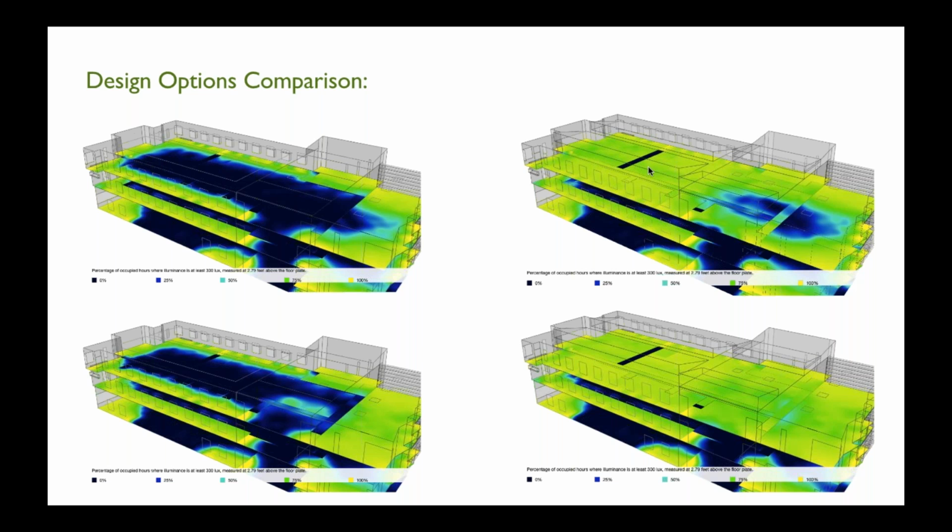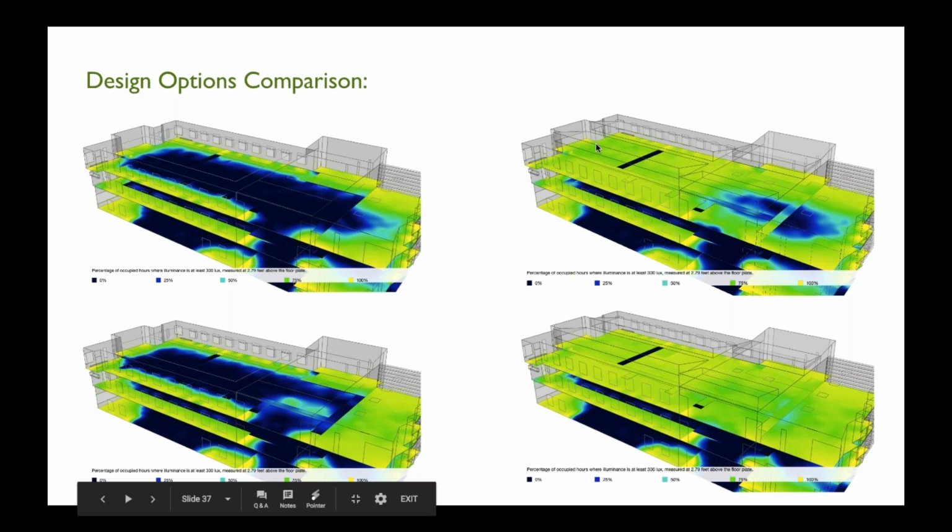When we look at the option where we just have the clerestory roof options, you can see that we were missing light from where these skylights are being provided. So we have a final option where we have both the clerestory glazing and the skylight options. That brings us to a point where we have between 75% and 100% of occupied hours having 300 lux on the top floor plate.